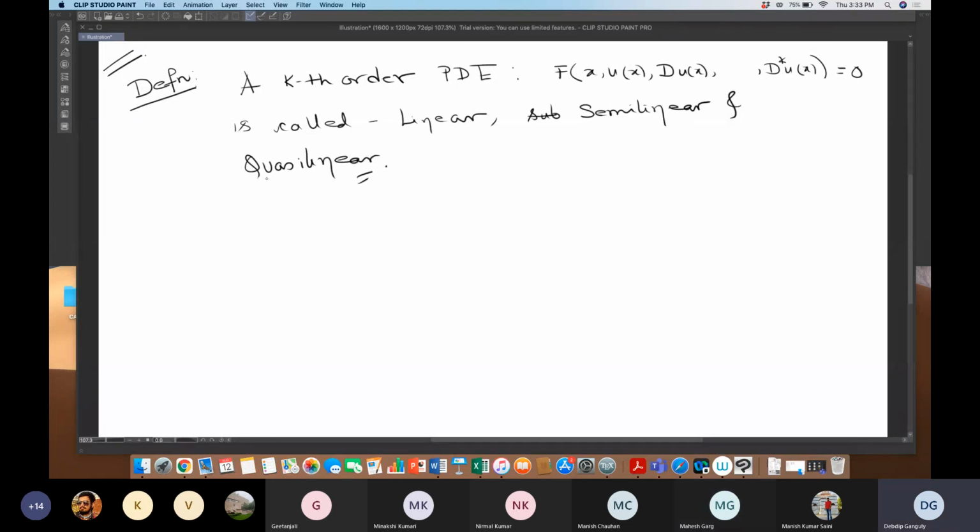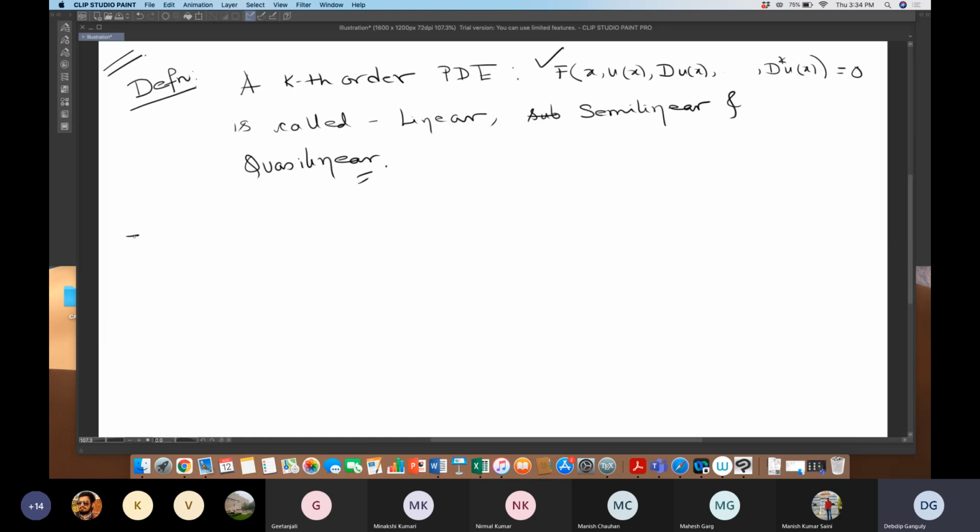Okay, good. So let's start with the definition. We say a kth order PDE is F(x, u, Du, ..., D^k u) = 0, a function of the unknown function u and its derivatives. You know what D^k u is. It is called semilinear, quasi-linear, or linear. So can you give me an example of a linear PDE?